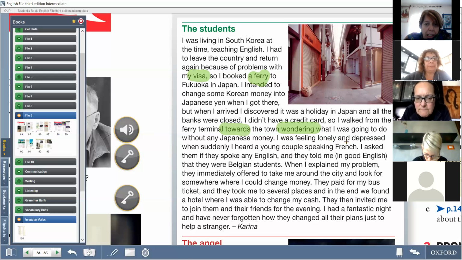I was feeling lonely and depressed when suddenly I heard a young couple speaking French. I asked them if they spoke any English. They told me in good English that they were Belgian students. When I explained my problem, they immediately offered to take me around the city and look for somewhere where I could change money.